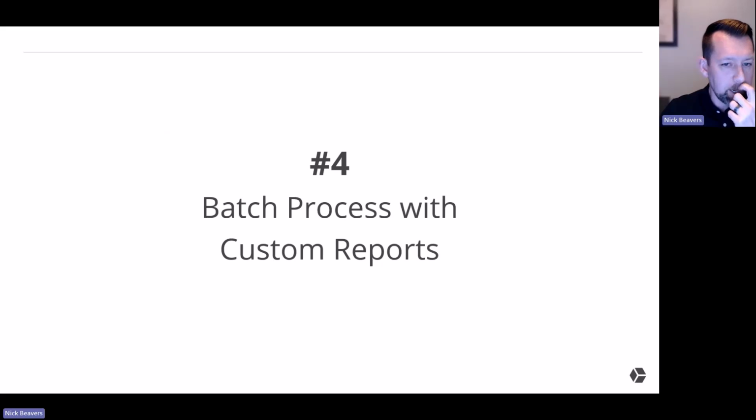So number 4 is really running with that protocol concept to say, don't just use a protocol to not have to go step by step, but to allow you to put them all together and run in a nice workflow sequence. But in addition to that, batch process. And also, while you're at it, make a custom report.